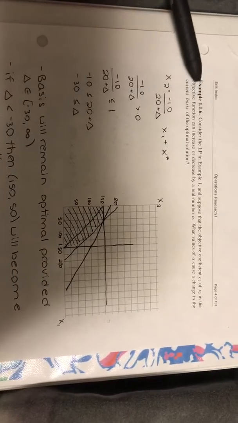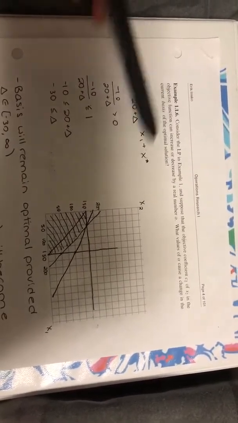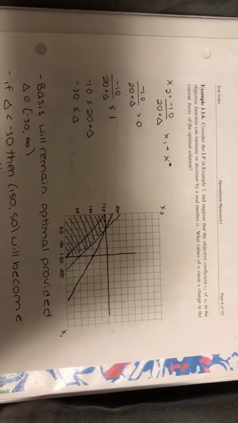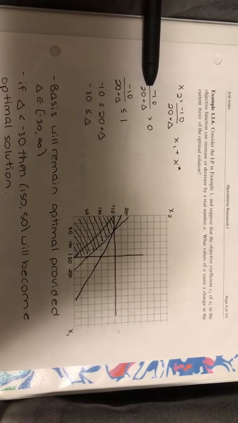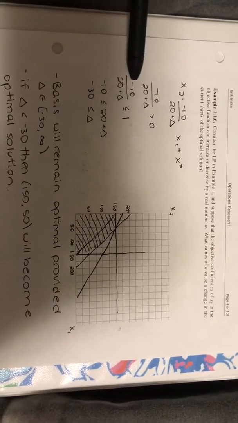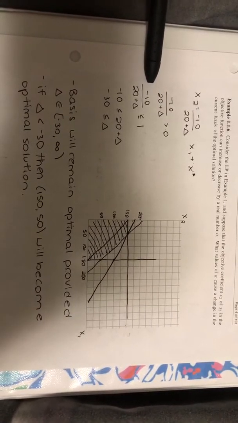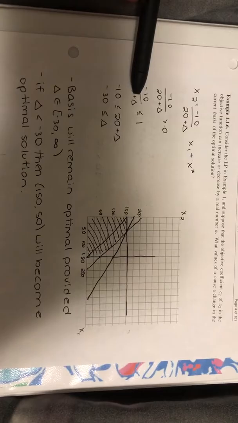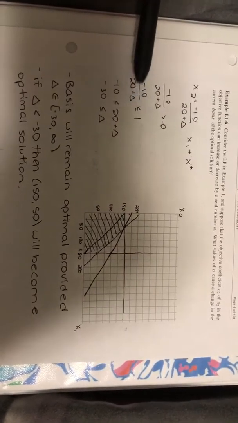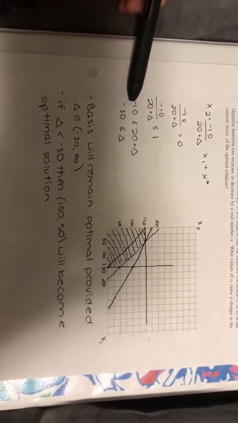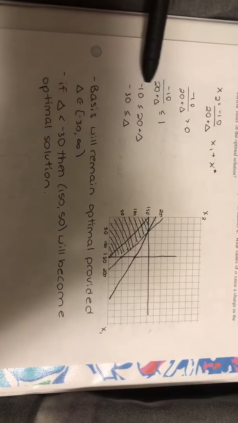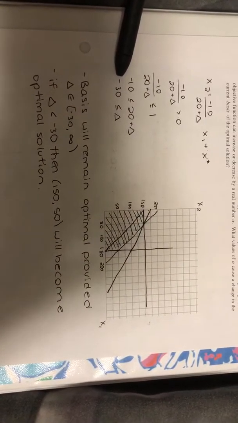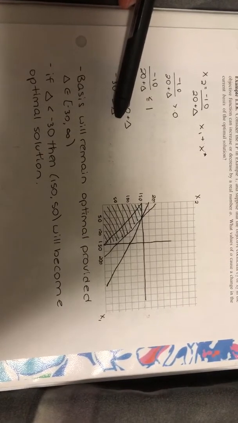Then we go down to negative 10 over 20 plus delta greater than 0. Change a little more, negative 10 over 20 plus delta less than or equal to 1. Until finally you get negative 10 is less than or equal to 20 plus delta. And finally, negative 30 is less than or equal to delta.